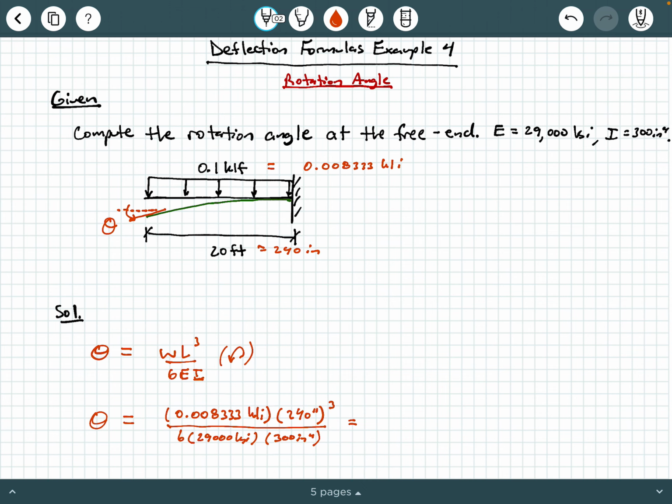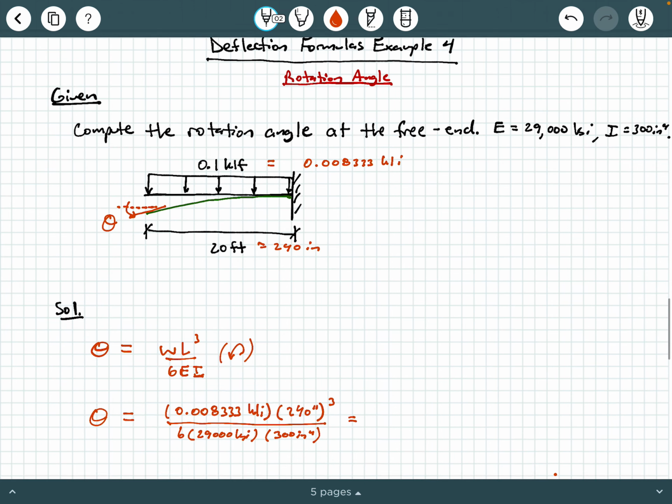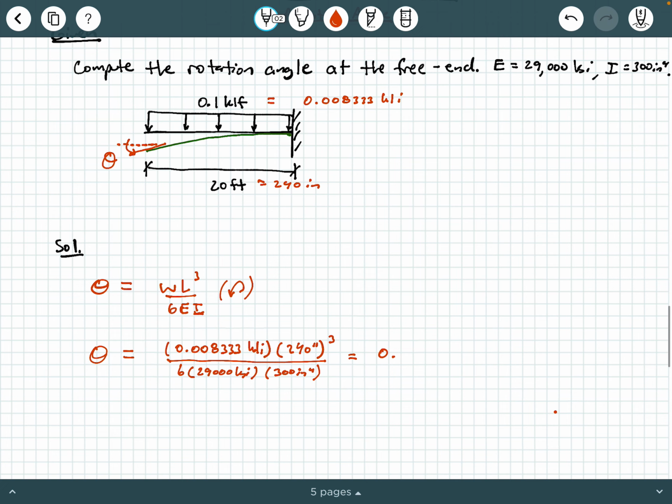And then we're going to divide by 6 times 29,000 times 300. And we will end up getting a value equal to 0.00221 radians, okay? And this is going to be a counterclockwise rotation. So this is our final answer.